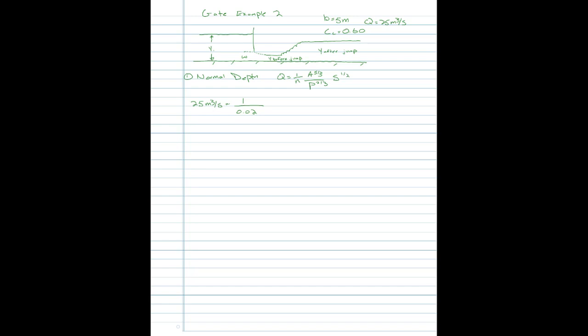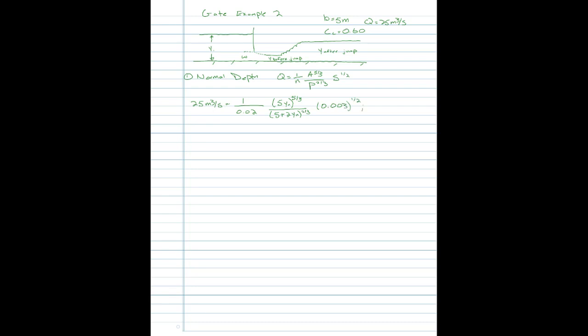That's given in the problem statement there at the top. And the channel is 5 meters wide and rectangular, and so the area is going to be 5 times the depth. And what we're solving for here is the normal depth. And the wetted perimeter is 5 plus 2 times the normal depth. Again, we kind of lucked out that it's a rectangular channel. And the slope in this channel is 0.003.